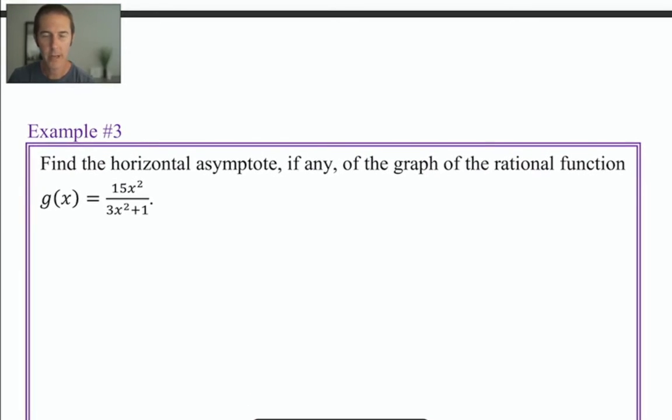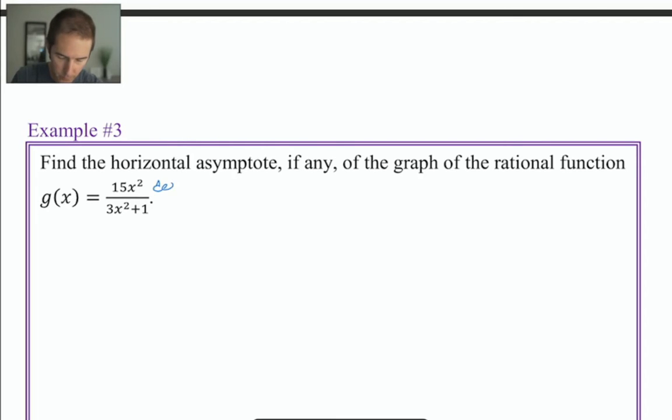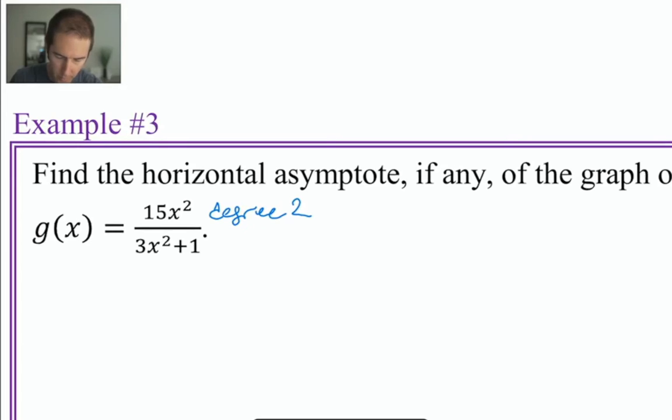Find the horizontal asymptote. Great. Examine the degree of the numerator and denominator. Numerator is degree 2. Denominator is also degree 2.